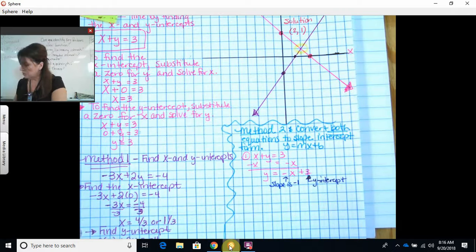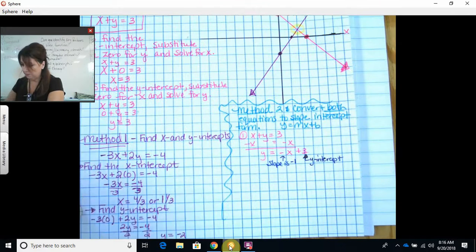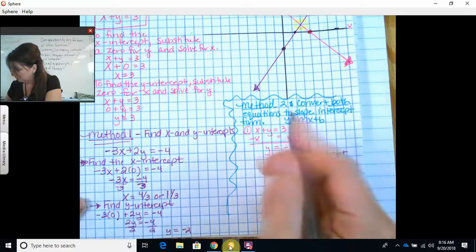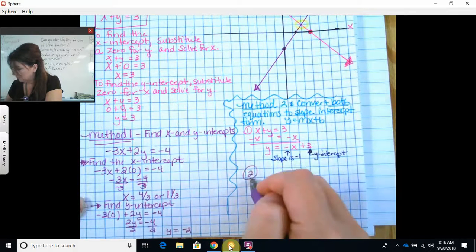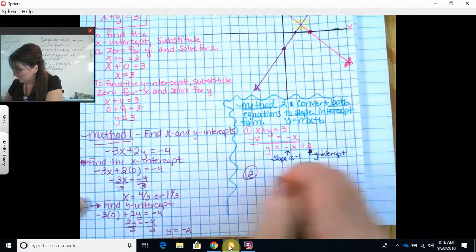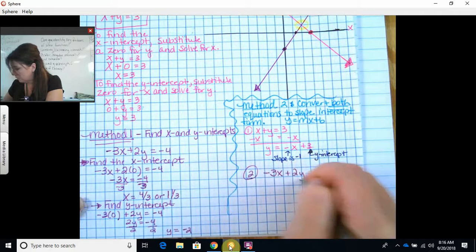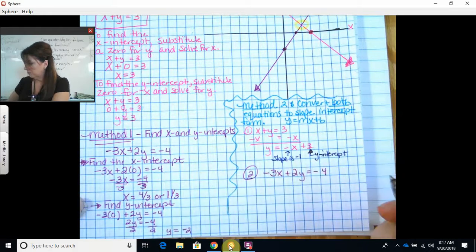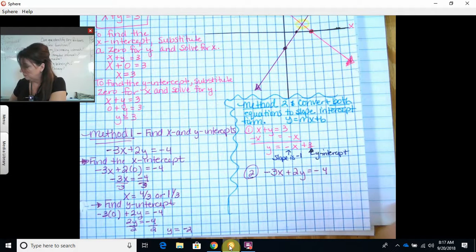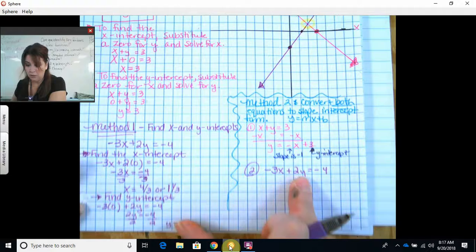All right, so let's do the same thing to the second equation, which mine was purple. So that is -3x + 2y = -4. I want to convert it to slope-intercept form. So I need to isolate the y. What would I do first?